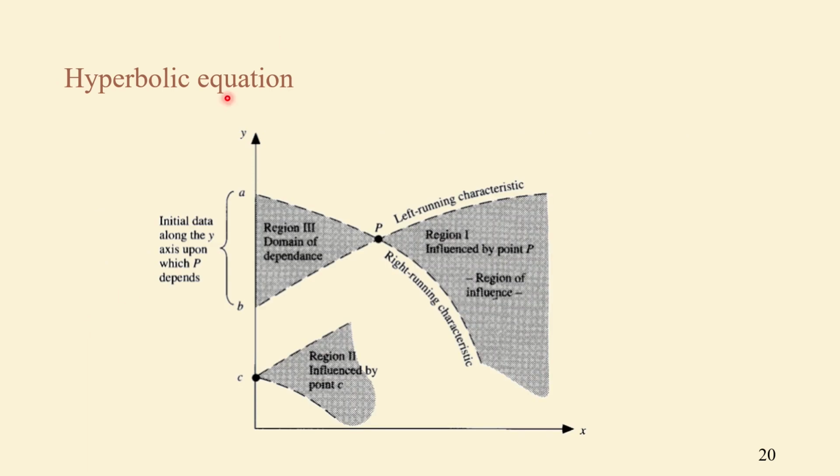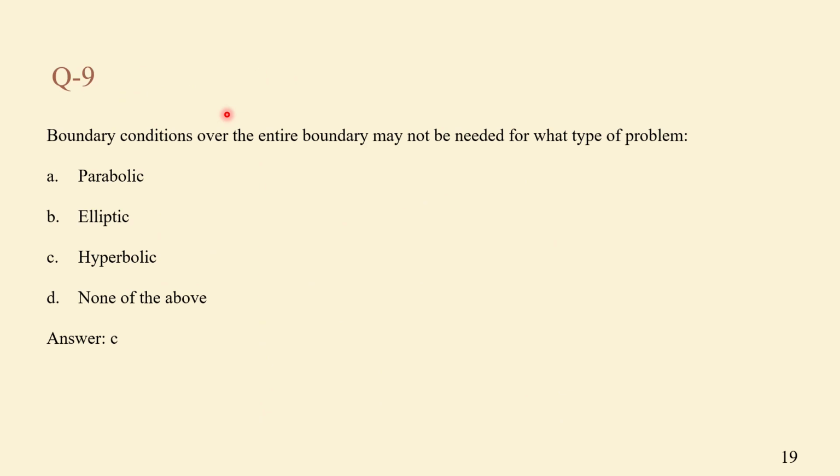This is the hyperbolic equation. When we classify partial differential equations, we get three types: parabolic, hyperbolic and elliptic. Hyperbolic equations have two characteristic curves, parabolic has one characteristic curve, and elliptic has none. How do we get this? We write the equation in its original form and get the coefficients, and we know b squared minus 4ac.